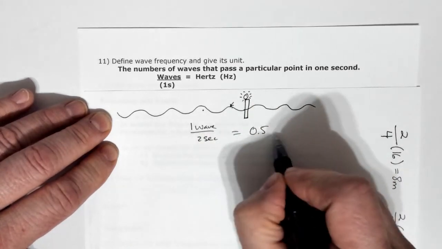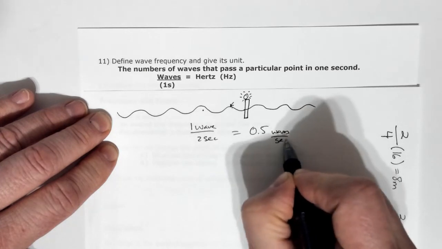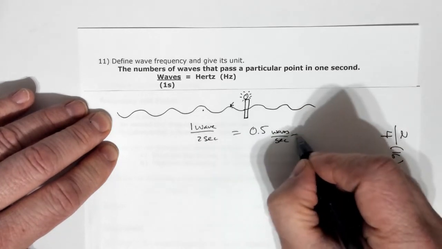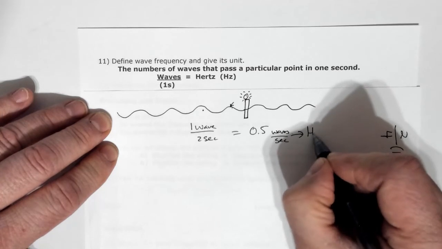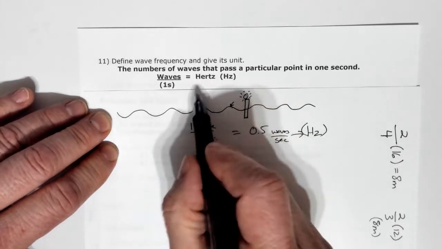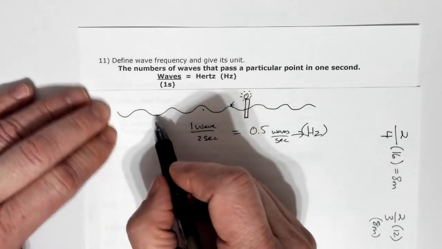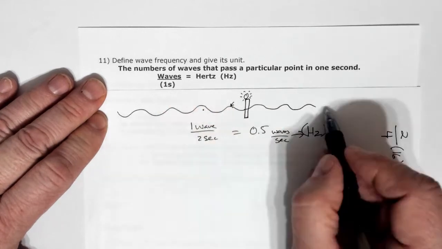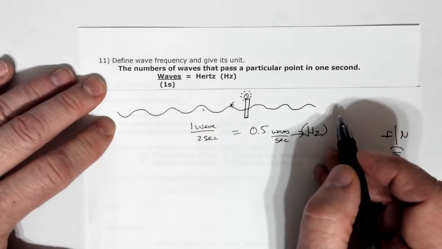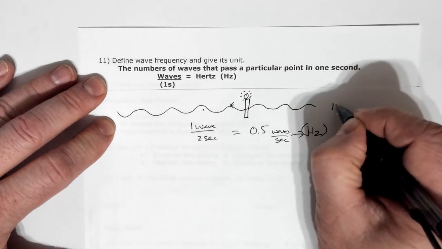And when you have seconds on the bottom, so waves per second, instead of putting that, we call it a hertz. A hertz, H-E-R-T-Z, is how many waves per second. So let's say we run this whole thing for 10 seconds. This light goes on, and these things are being pulled through for 10 seconds.